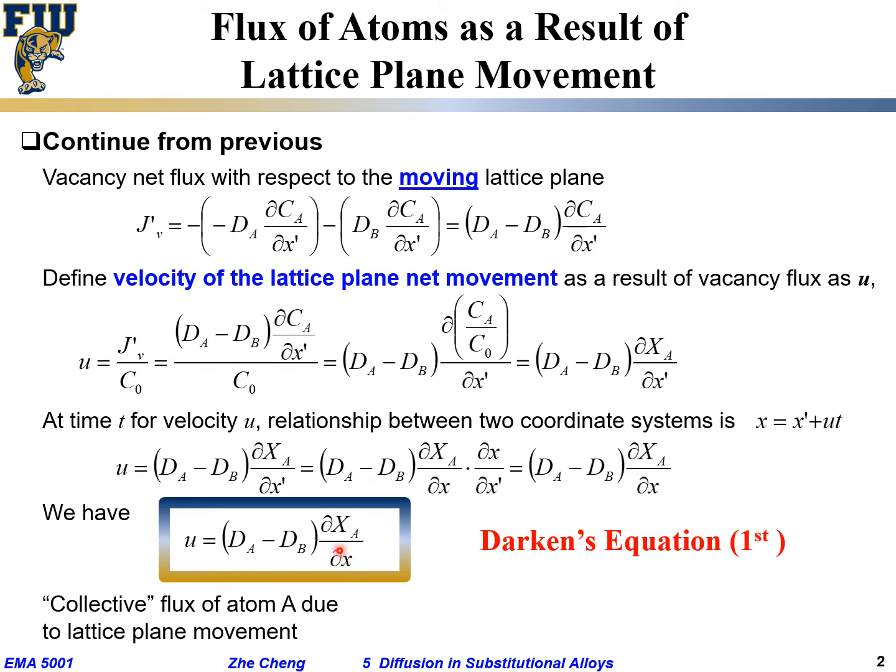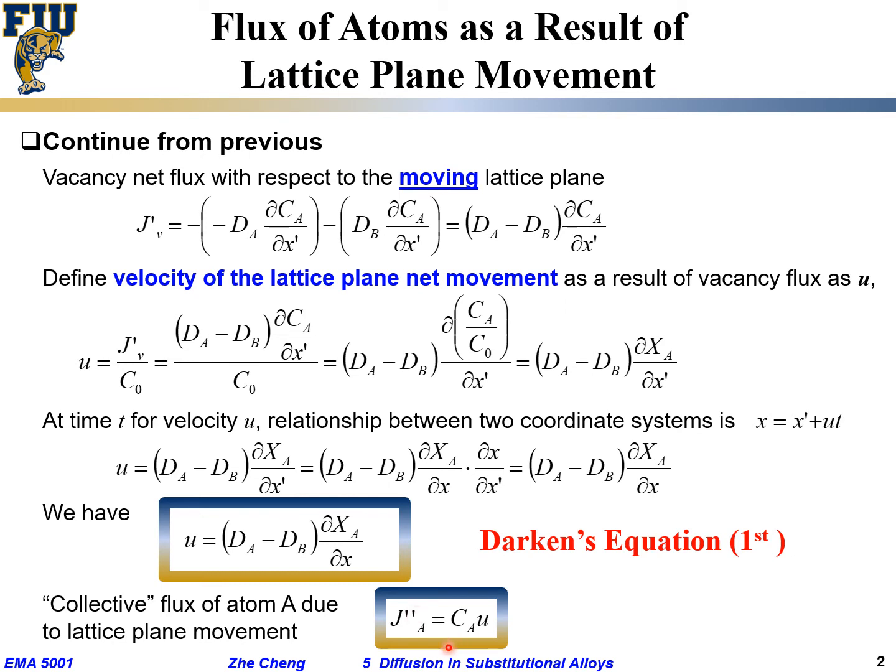The collective flux of atom A due to the lattice plane movement would be the concentration, or number density, of A atoms times its velocity. JA, flux of A, but I put a double prime. Double prime means it's a flux of atoms due to this lattice plane motion, for the A atom.